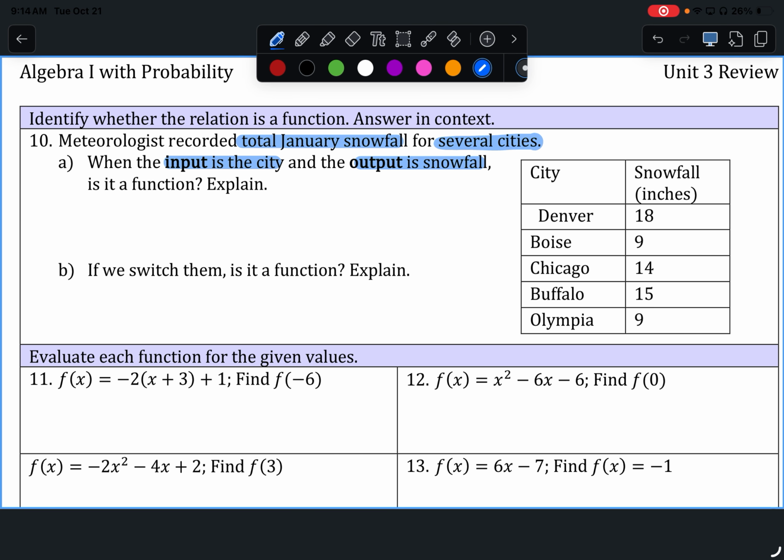So that's saying the city is X, snowfall is Y. Is that a function? Yes. Because each city can only have one total snowfall, like total amount of snow. Each city has one total for January.